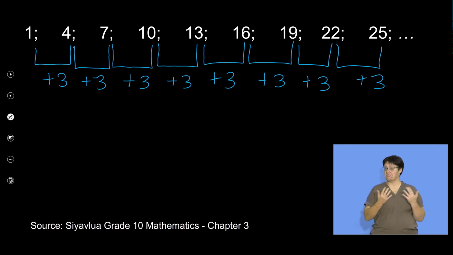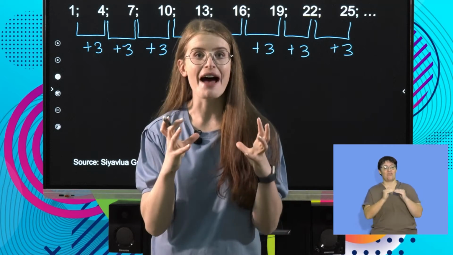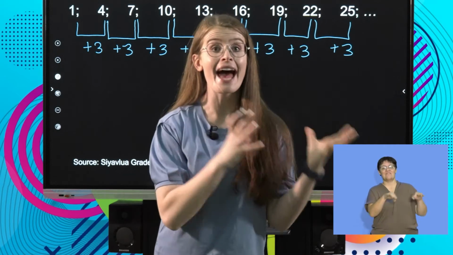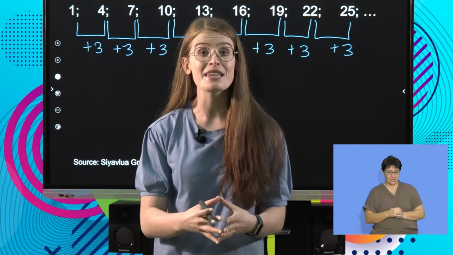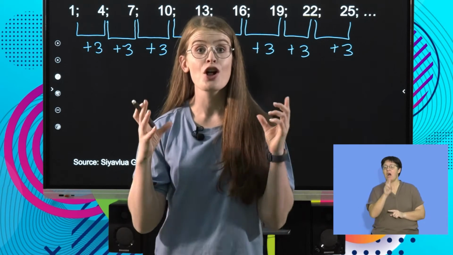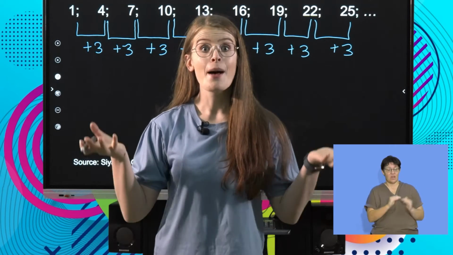So, what does this mean for my sequence? We defined common difference as a value that is continuously added or subtracted between terms. In the example behind me, you can see that we continuously added 3. So, what is my common difference?